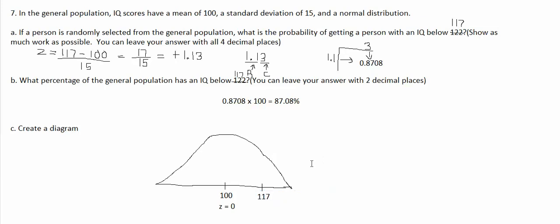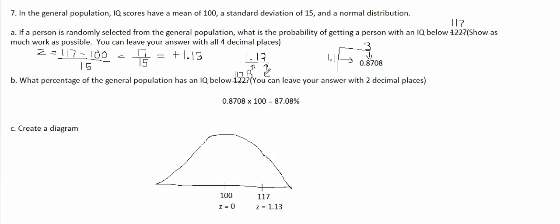And let's put the z-score that goes along with an IQ of 117 down here. When we solved for the z-score of 117, we got 1.13. So that's what's going to go here. So we have the mean and its z-score, the IQ we solved for, and its z-score.